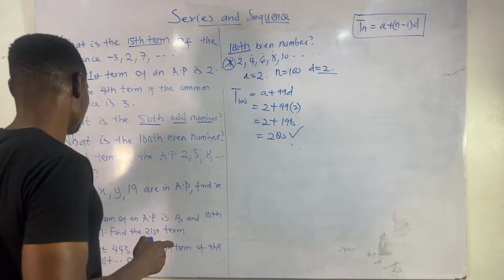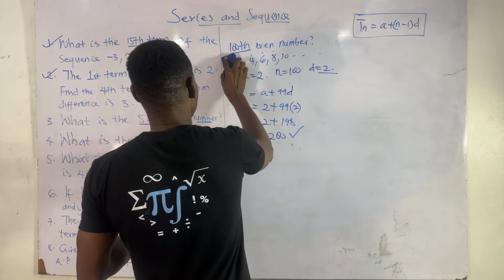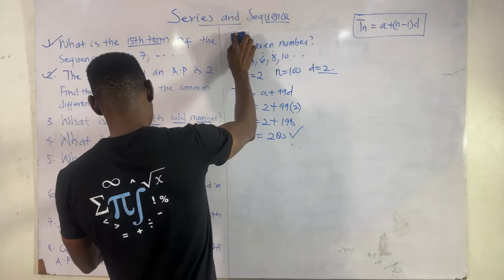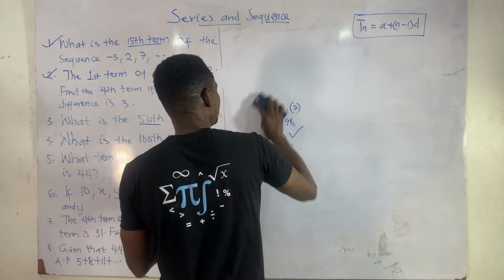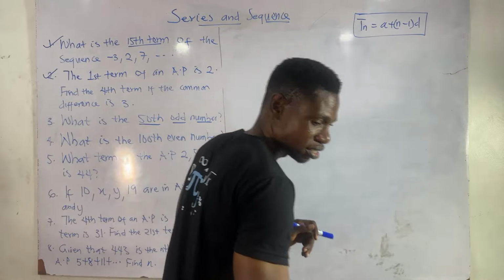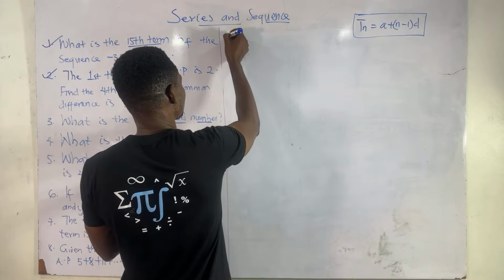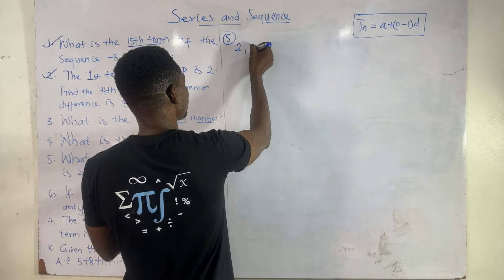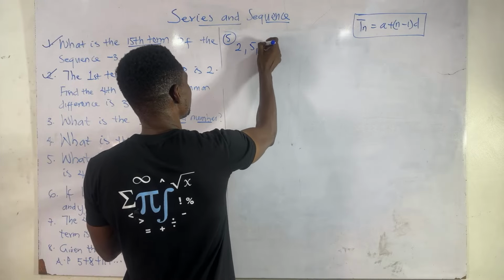Let's do number 5. It says, what term of this AP is 44? Let me bring it out clearly. It says, what term of this AP, that's question 5 now, 5, sorry. It's supposed to be 2, 5, 8.